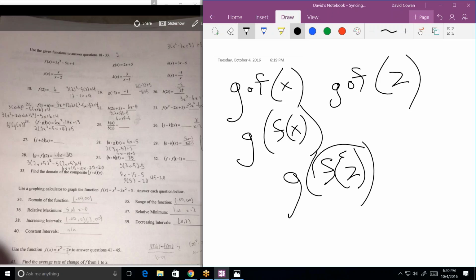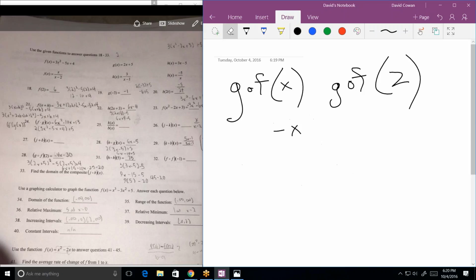Figure out what f of 2 is. Whatever number that is, then you're going to do g of that number. That's what you do there. And let's do that one, as long as we're looking at it. Yeah, let's do that. In other words, we have a g of x and an f of x.